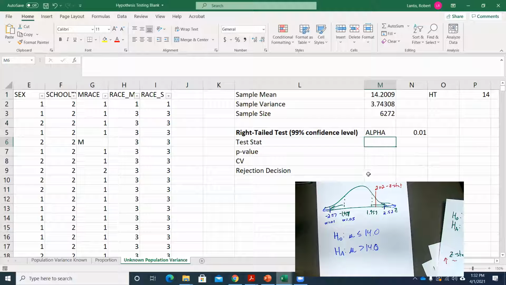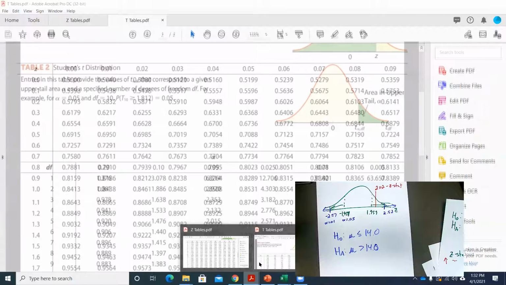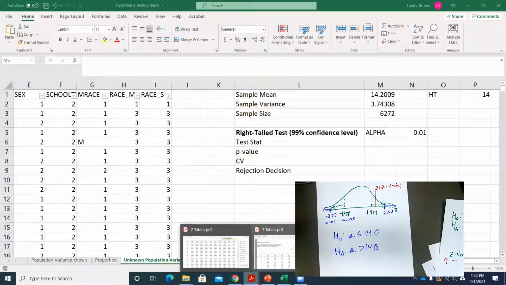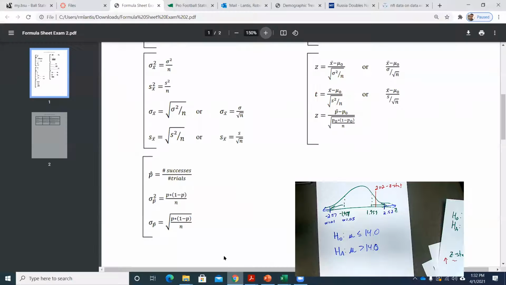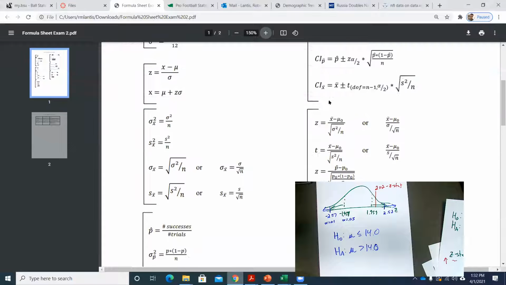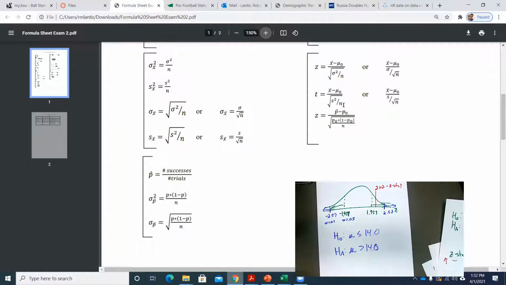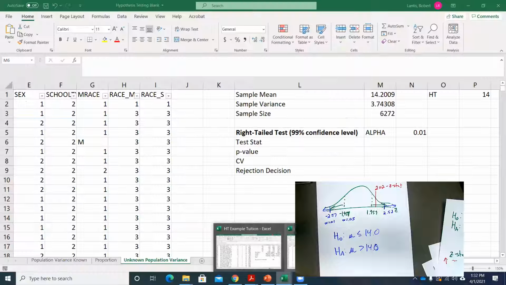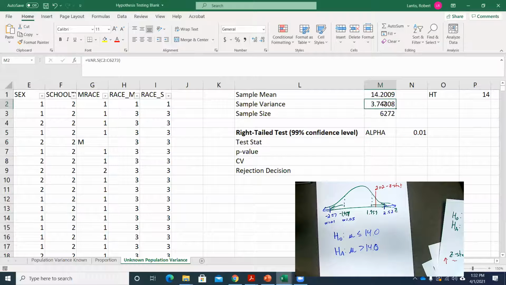My test statistic, if I go to that formula sheet, did I close it? Did I have it pulled out? Here, I had it. So here are my test statistic equations. Well, I have a sample mean and I only have a sample variance, right? I wasn't given a population variance and I don't have population data. So really it's just using Excel to be a calculator.